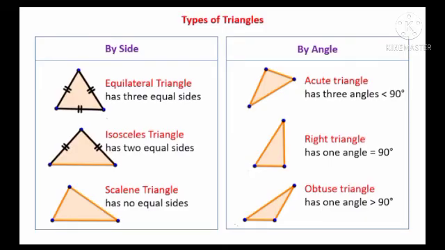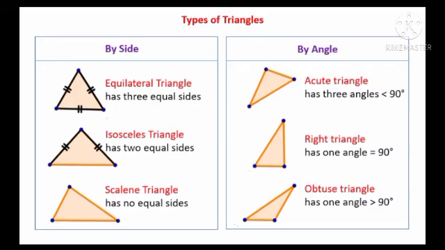Now let's see the types of triangle based on its angles. If three angles of the triangle are acute angles, between 0 degree and 90 degree, then it is called an acute angled triangle. If an angle of a triangle is a right angle, that is 90 degree, then it is called a right angled triangle.